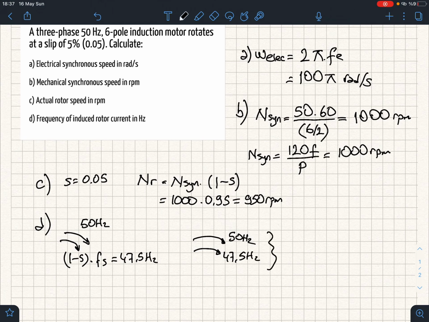So the difference between these two will be 2.5 hertz.